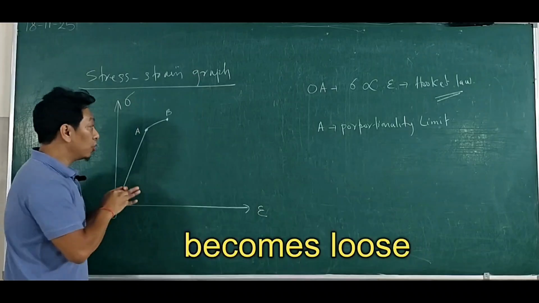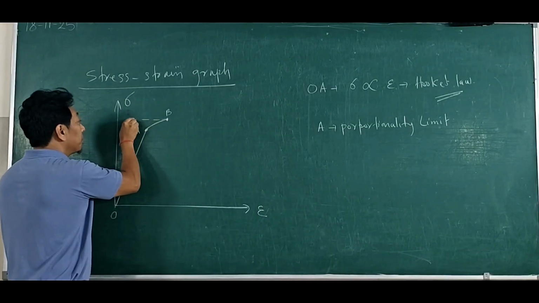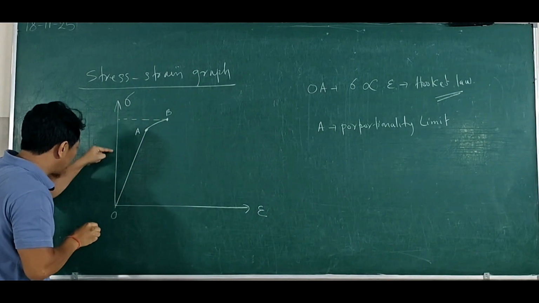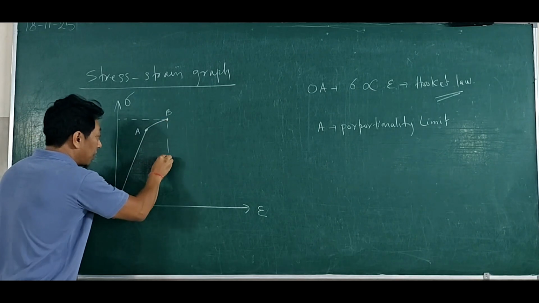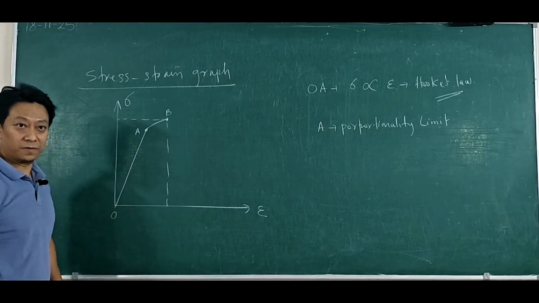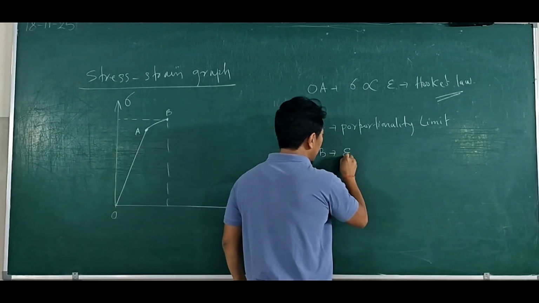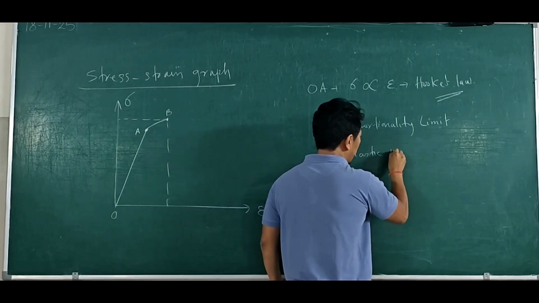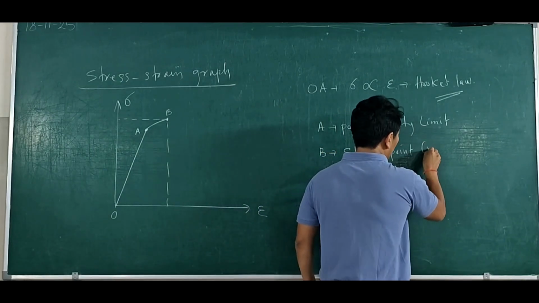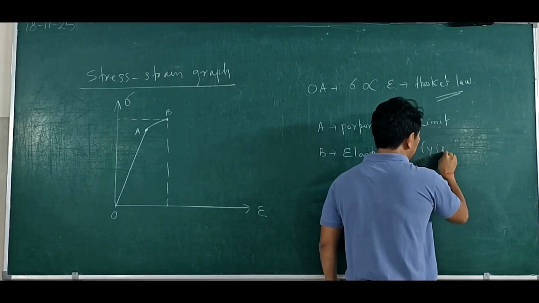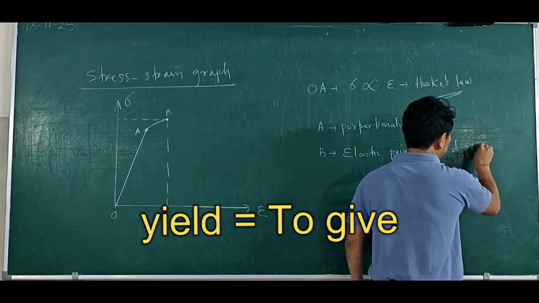And the good news is, till this point, if you bring the stress to 0, the strain also goes back to 0. Matlab, till that point our wire is elastic. So B is called the elastic point, or sometimes it is called the yield point. Yield matlab to give.